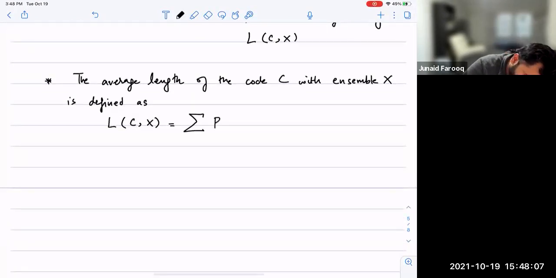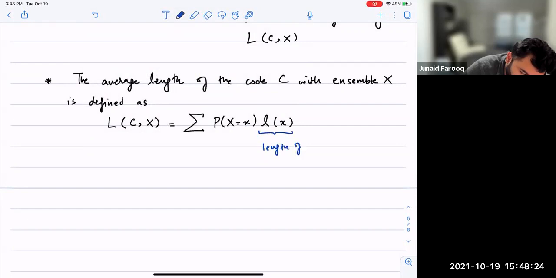So what you have is the probability X equals x times the l(x), right? And where this piece here is the length of code word x.